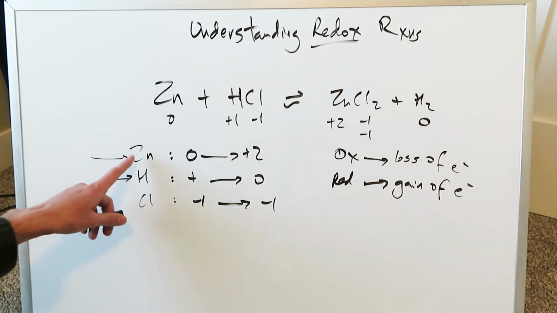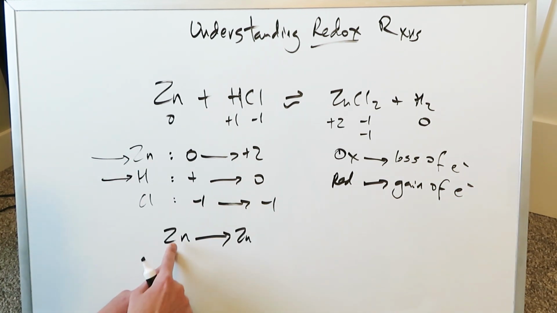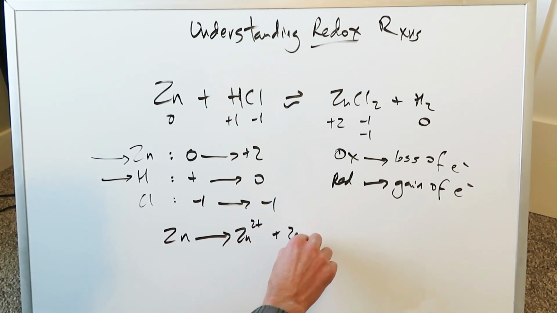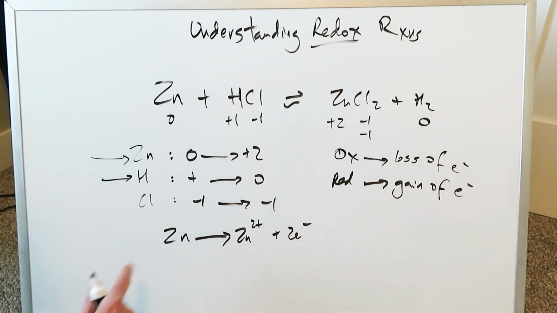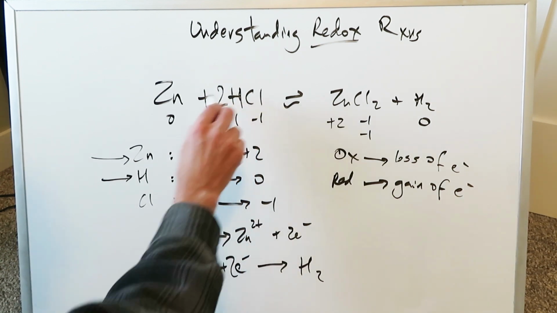When you look at this reaction, in terms of zinc, you can view it this way. Zinc went from Zn with an oxidation state of 0 to Zn2+ with 2 electrons coming out because it balances it out. Hydrogen went in this way, H+ hydrogen ion plus electron to give you H2, but we have to balance this, and when we balance it we end up seeing that.